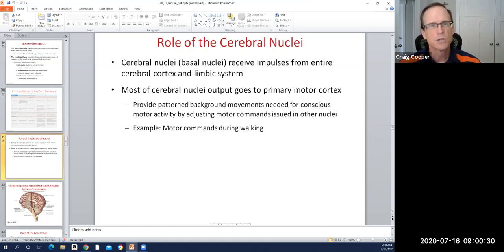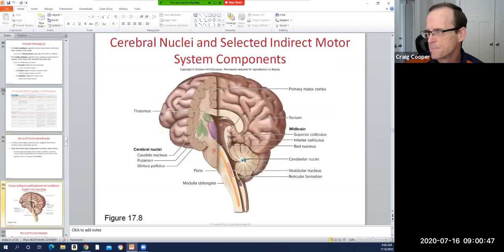So we don't give up complete control of it, but it lets us not expend so much mental energy thinking about walking from point A to point B if we let these cerebral nuclei take it over. I think it's the caudate nucleus that controls that particular thing.